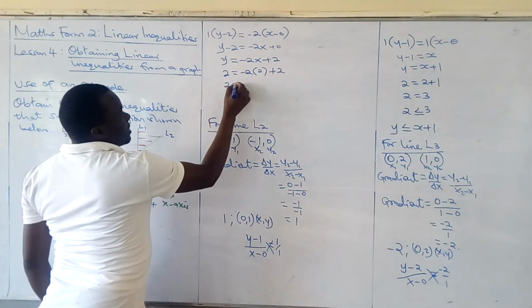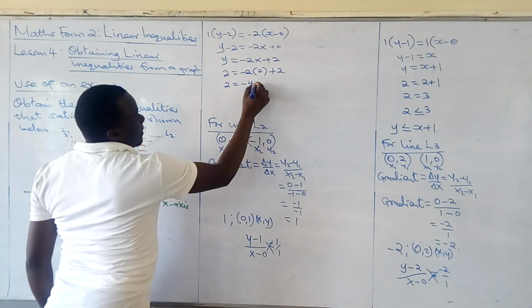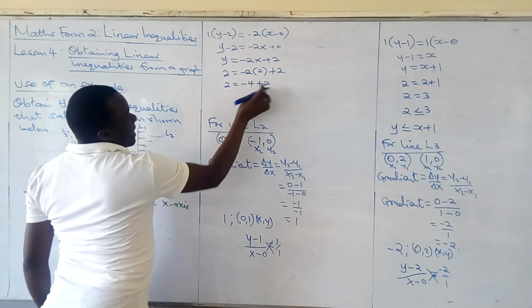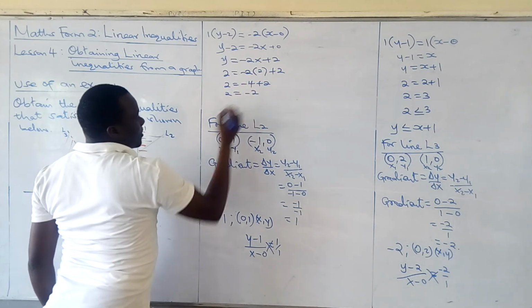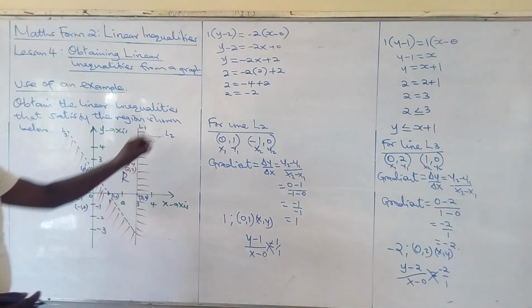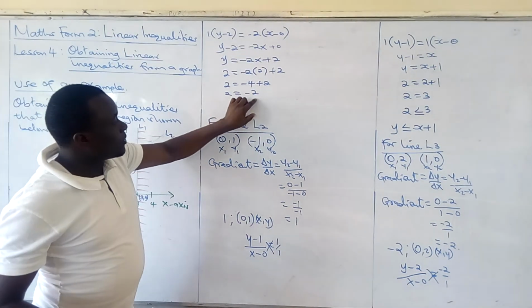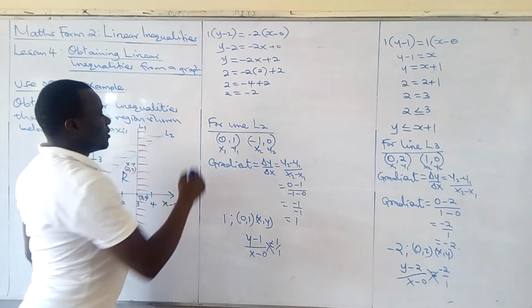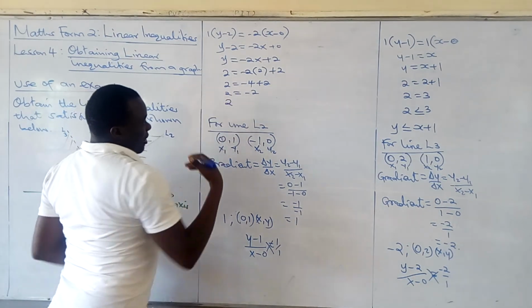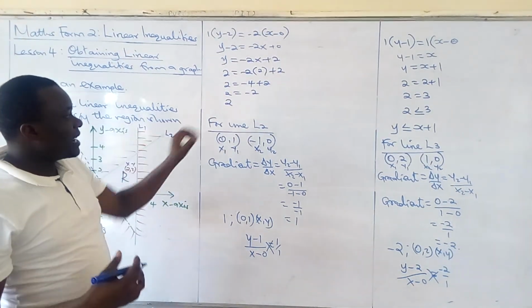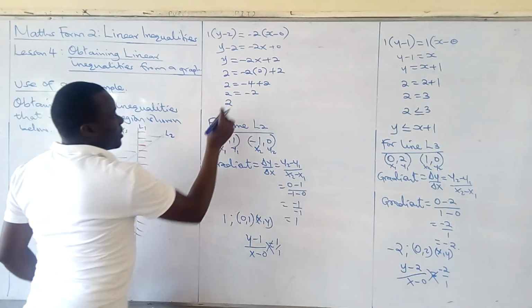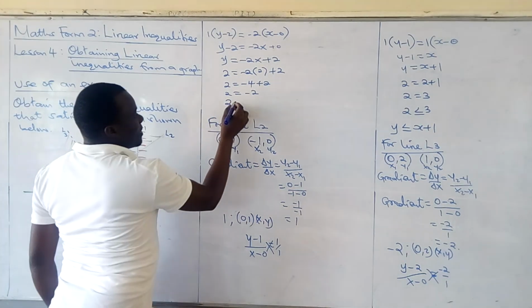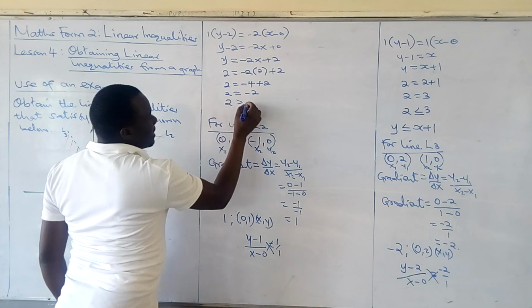So 2 is equal to minus 4 plus 2. Minus 4 plus 2 is equal to minus 2. So we now ask ourselves, is 2 less than minus 2 or greater than minus 2? All of us know that on a number line, minus 2 comes first, so it is smaller. So we now say 2 is greater than minus 2.